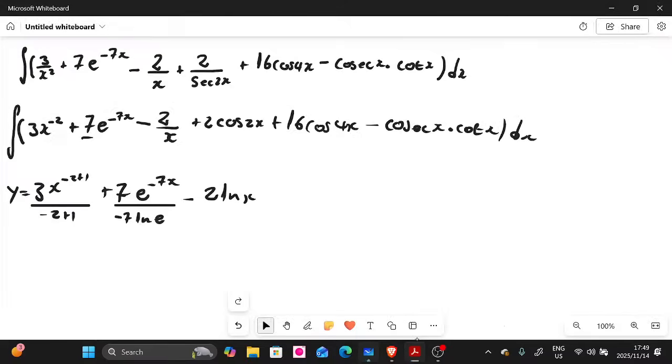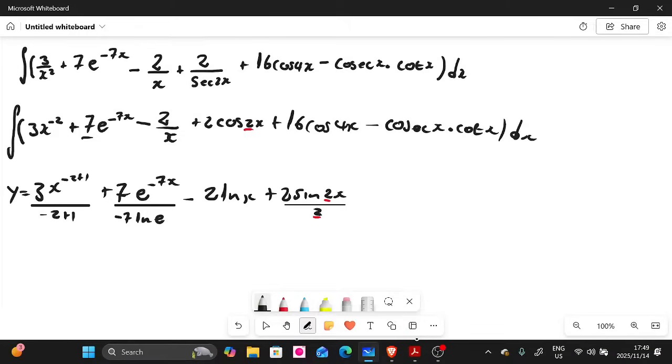When you integrate this one, you multiply by the coefficient 2 first, and then the integral of cos, we know, is going to be sine. Don't forget to put 2x there. But since we are integrating, we divide by 2. The 2 is the coefficient of x, which is what we divide by. There we go.